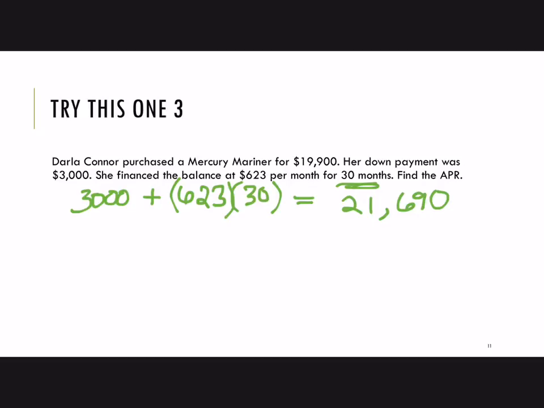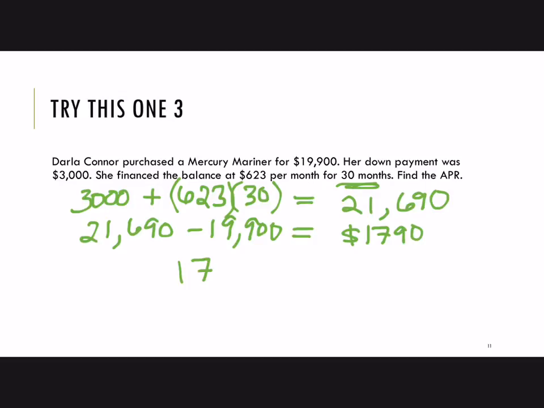Now how much of that was the finance charge? Well, we need to subtract away the cost of the car and see what's left. So subtract 19,900, and that tells us that the finance charge is $1,790.